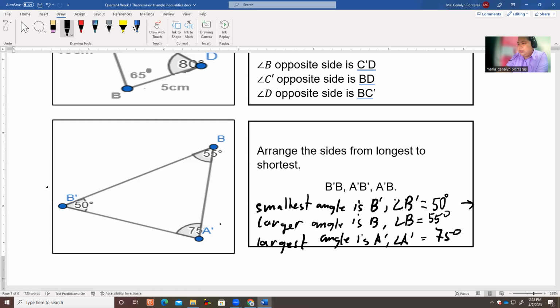So this implies that the shortest side is A prime B. The longer side is opposite 55 degrees, which is A prime B prime.